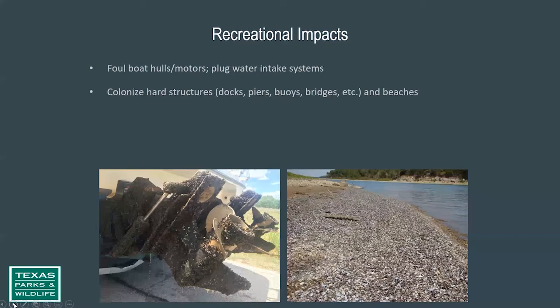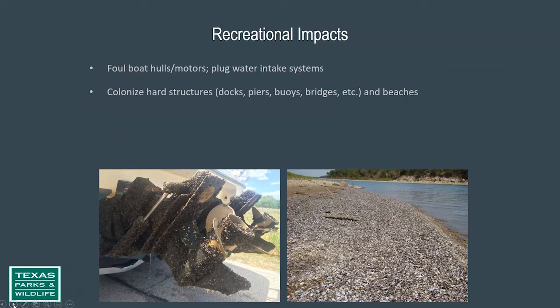And then the recreational impacts are pretty obvious to boaters. They foul boat hulls and motors, plug water intake systems. So if you've got your boat out on a slip somewhere, that's what it's going to look like if you leave it in the water for a year or two, as well as the marina itself will have all of its docks and fishing piers covered with zebra mussels.